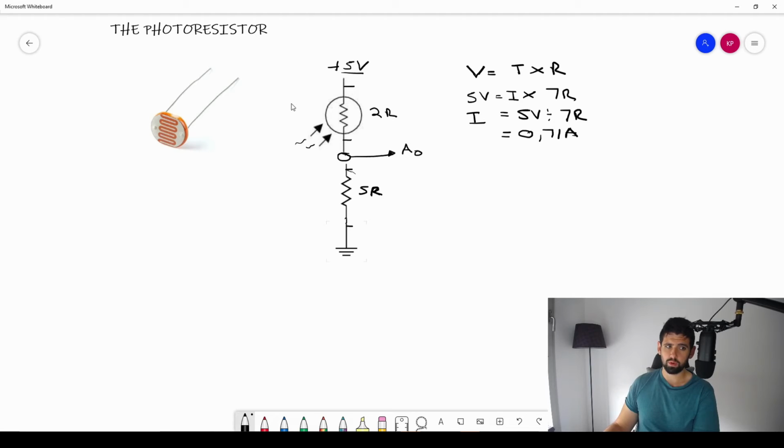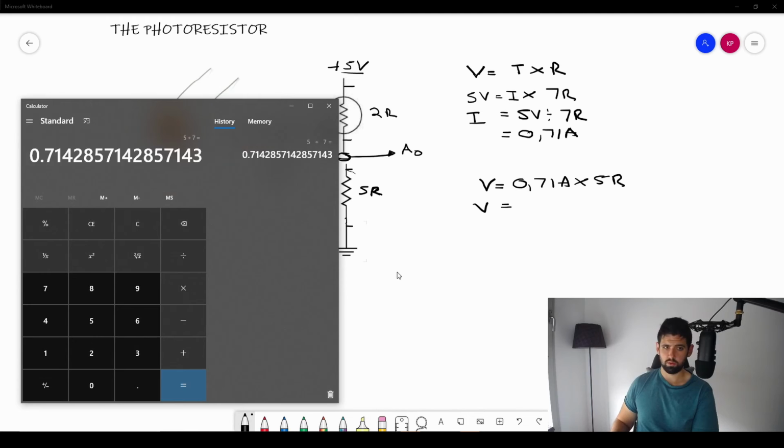So we want to get the voltage across this resistor. The current through my whole circuit stays 0.71 amps. So what is the voltage across this resistor? My volts is my current, 0.71 amps, times my 5 ohms. So my voltage, 0.71 times 5, is 3.55.